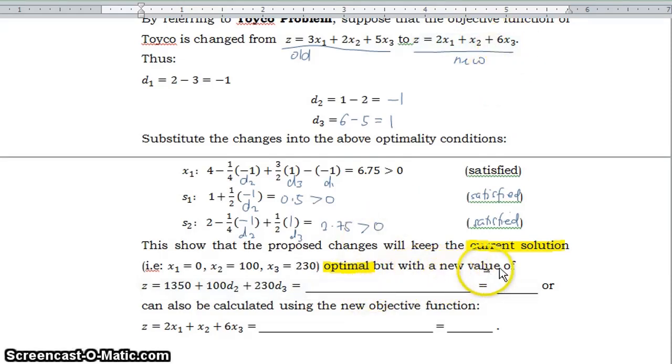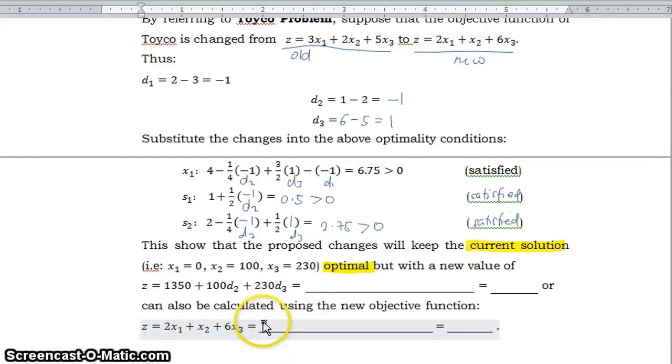But we still need to calculate the new value of Z since we changed the revenue for each type of toy. We substitute the values of x1, x2 and x3 into the new objective function.